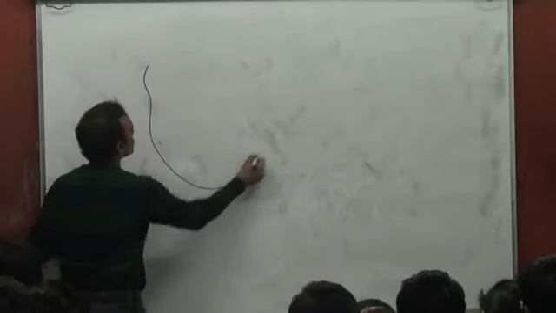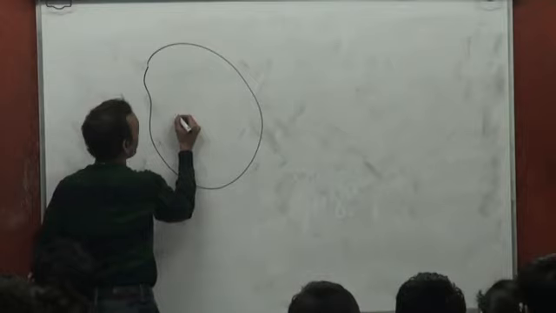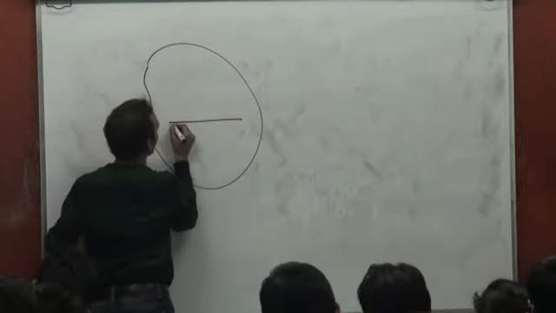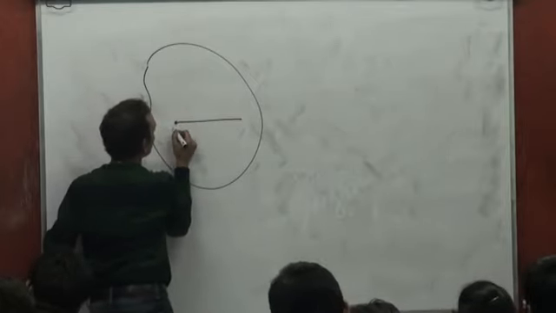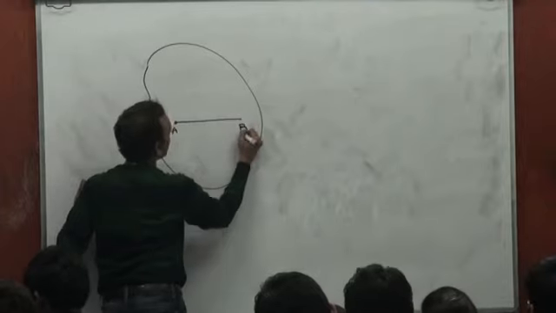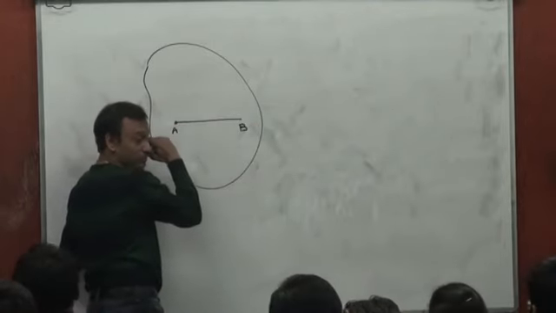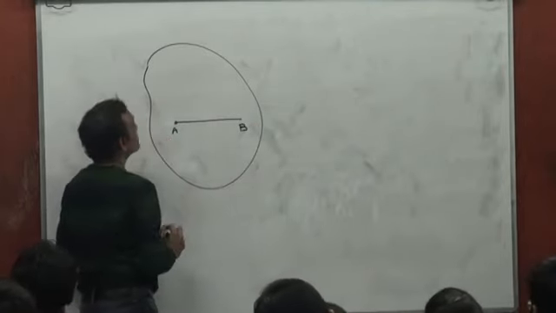Say this was a rigid body. This was a line joining a pair of particles A and B.